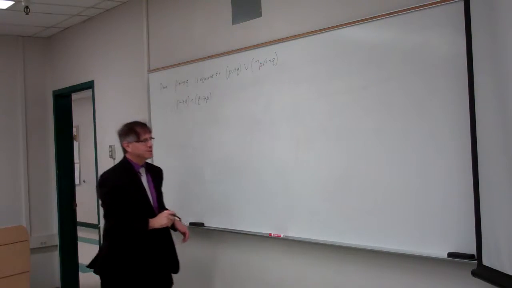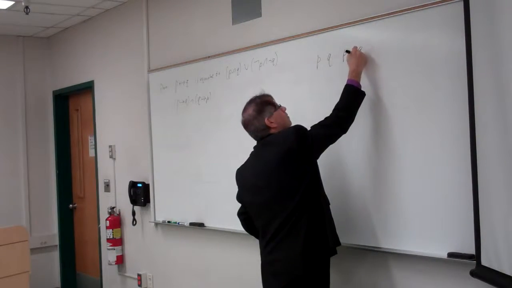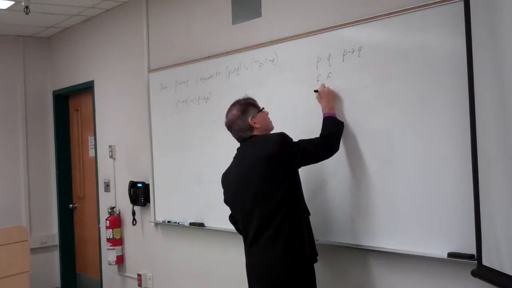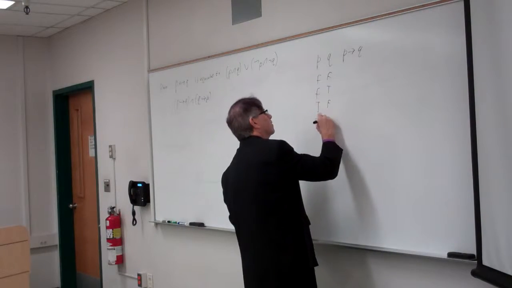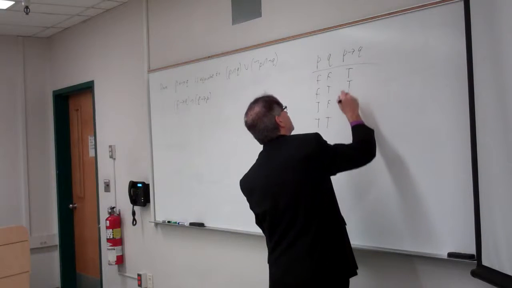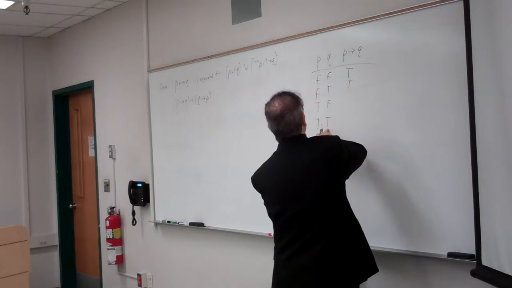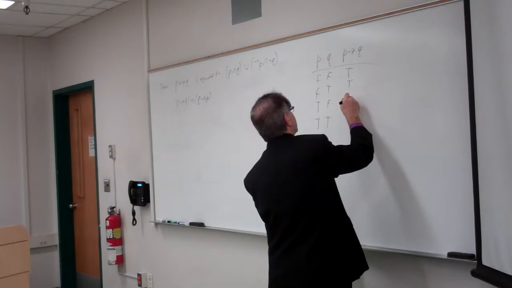And if you look at the truth table for these implications, if the hypothesis is false, the conclusion is irrelevant, the statement's true. If the hypothesis is true and the conclusion is true, this is true, and this is false.